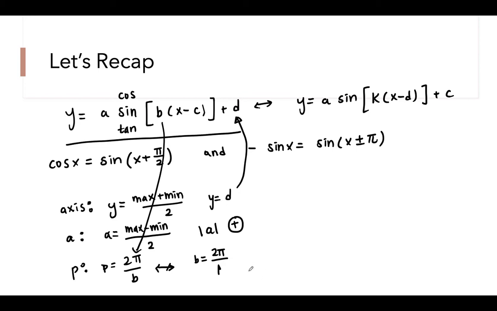This is the case for sine or cosine. But keep in mind, if you're using it for tangent or possibly cotangent, then the period is going to be pi over b.